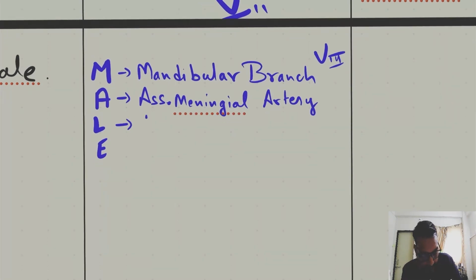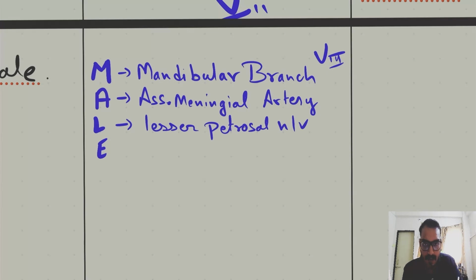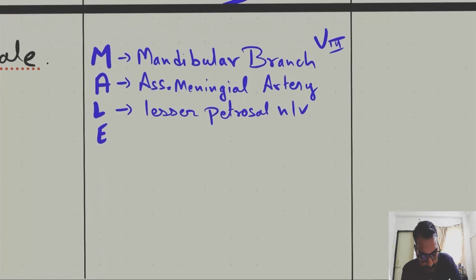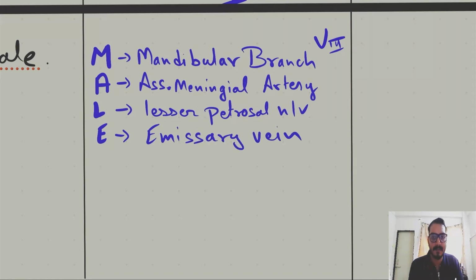Then we have lesser petrosal nerve. And the last one is emissary vein.